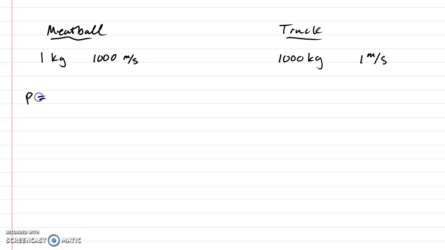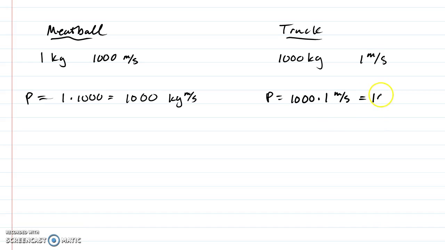The momentum of the meatball is 1 times 1,000, which is just 1,000 kilogram meters per second. The truck is the same, because 1,000 kilograms times 1 meter per second is still 1,000 kilogram meters per second. So they have the exact same momentum.